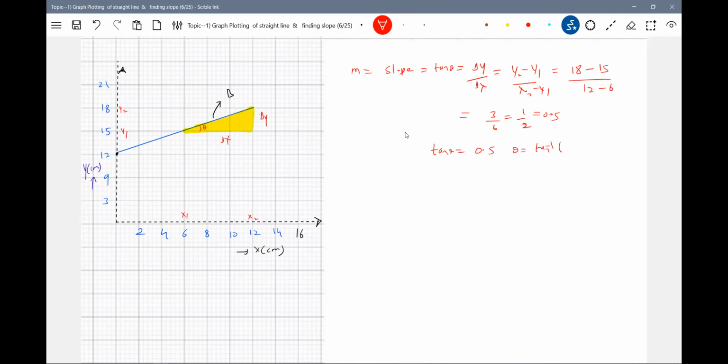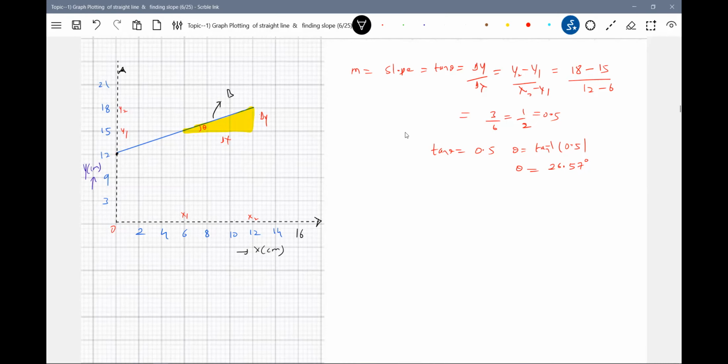Theta equals tan inverse of 0.5. So the angle will be 26.57 degrees. Less steep compared to A, if you compare that one. And then the intercept: when x equals 0, what is the value of y? Y is 12, no?